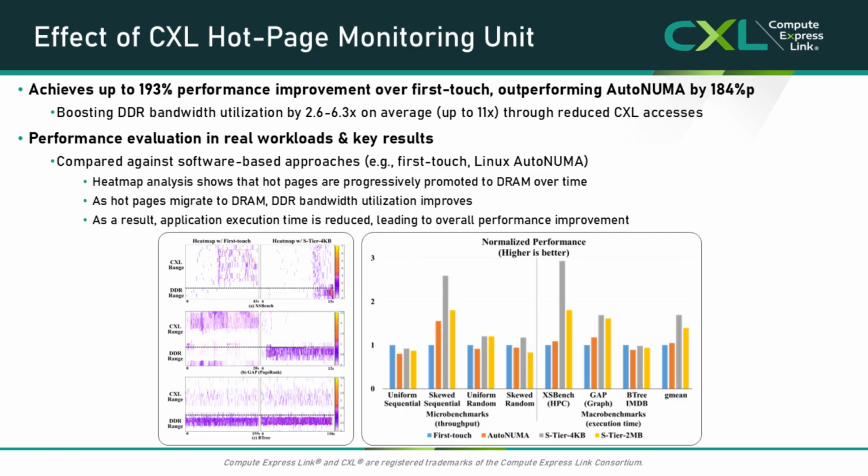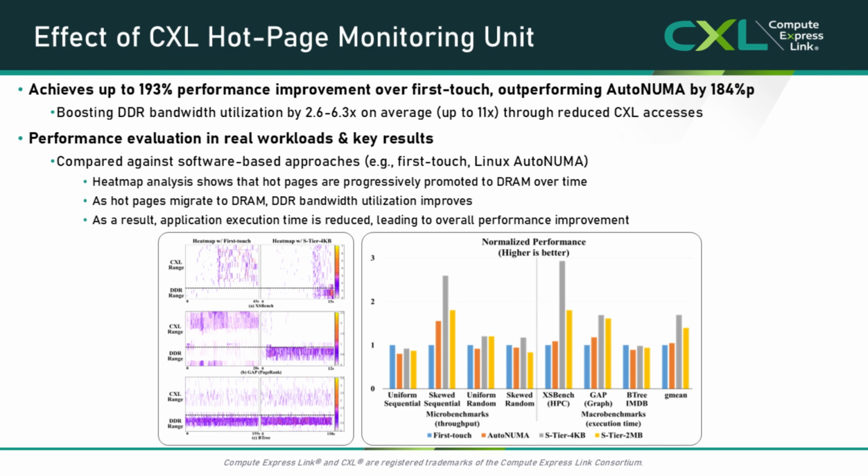And finally, let's briefly look at the impact of CHMU. In conclusion, the performance improvement is substantial. We observe up to approximately 3 times speedup compared to the baseline first-touch policy, and it also outperformed AutoNUMA.